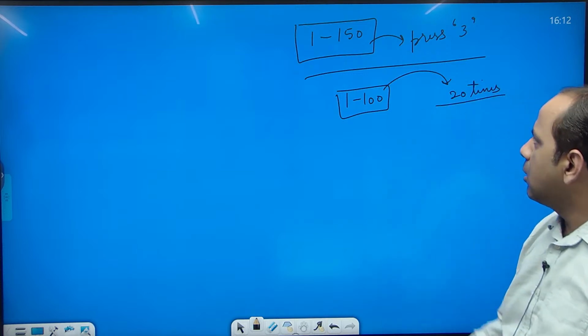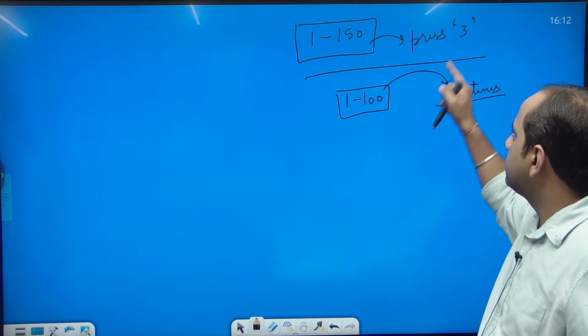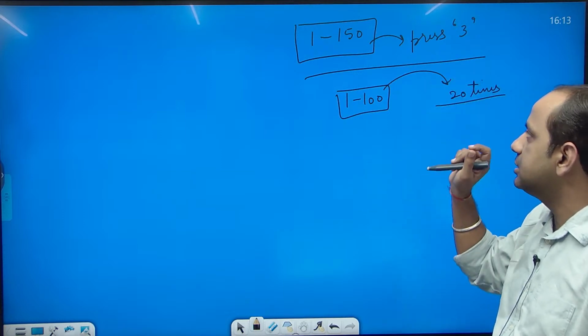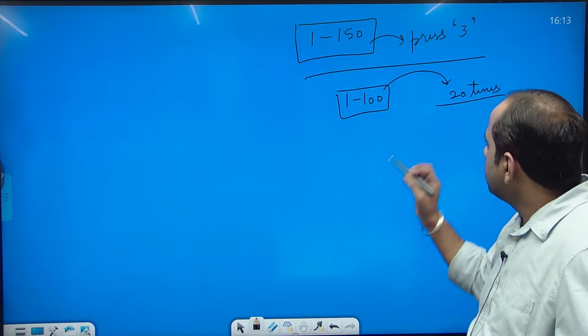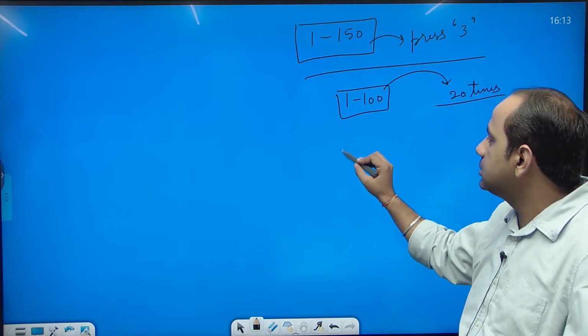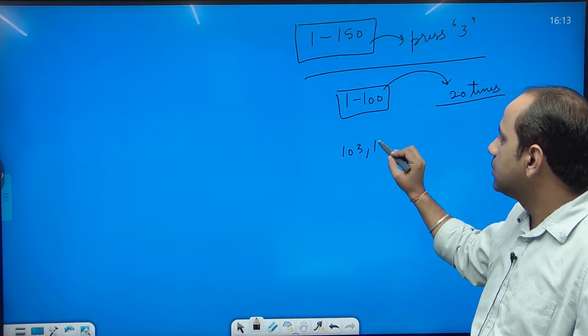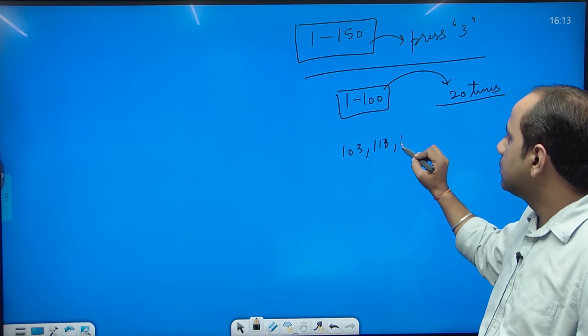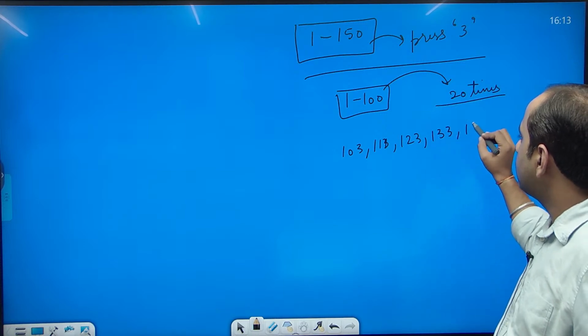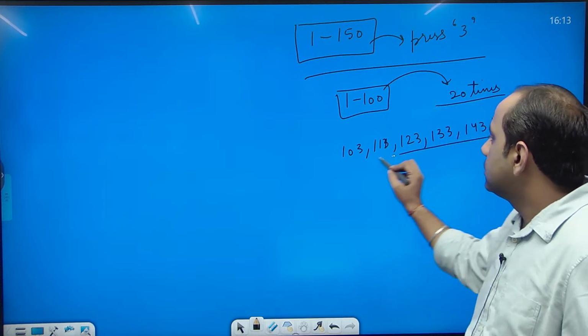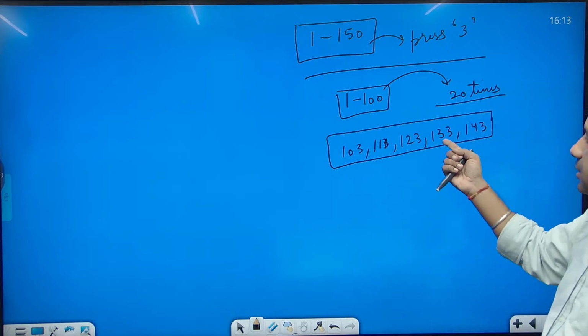Okay. Now from 100 to 150 we are interested in the key with digit 3. So 3 will be at unit place at how many instances? 103, 113, 123, 133 and 143. I am not considering the tens place 3 here.